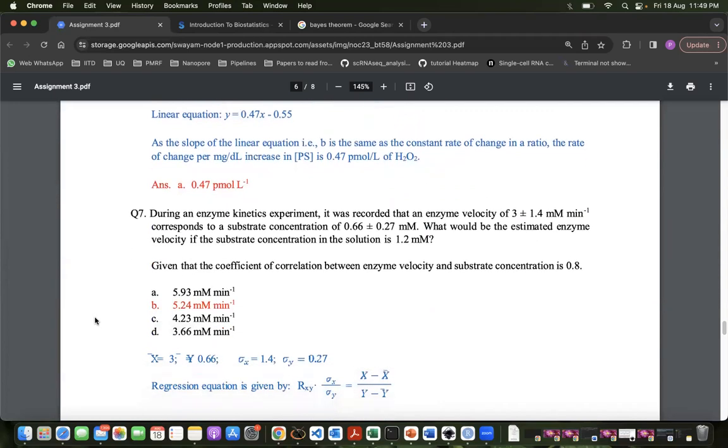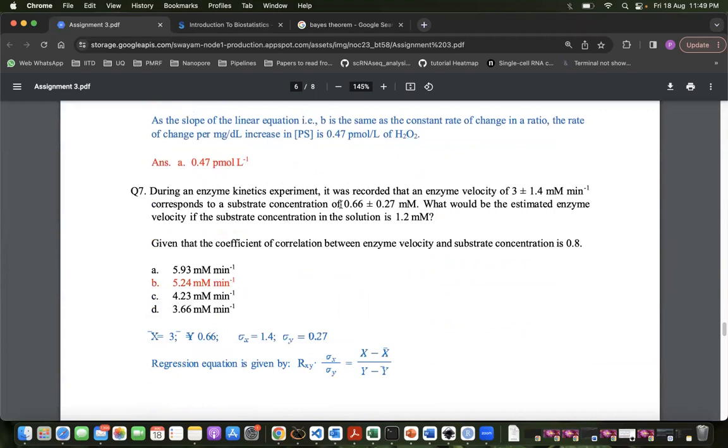Okay, so during an enzyme kinetics experiment, this was recorded: velocity of some value plus or minus something per minute corresponds to some substrate concentration. What would be the estimated enzyme velocity if the substrate concentration is this?